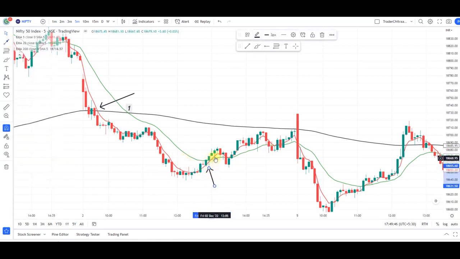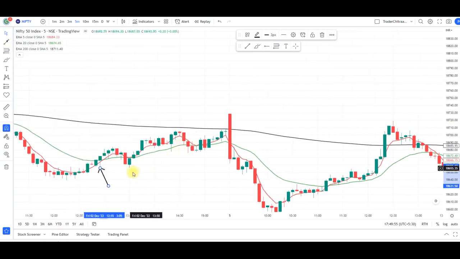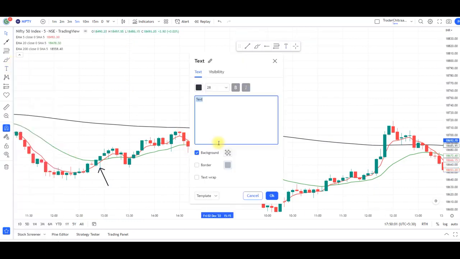Here we got an entry for the long side, and although the red candle came down, the stop loss didn't get hit. You see here the low of this candle is 18,655.60, but the low of this candle is 18,655.90.